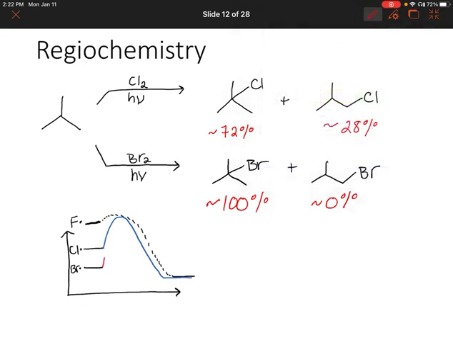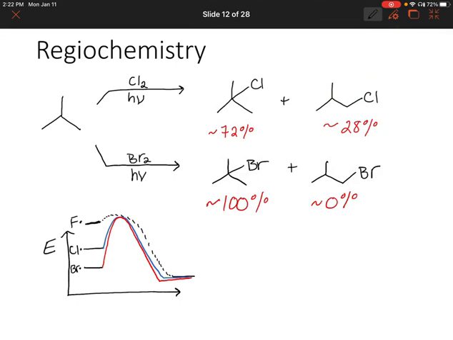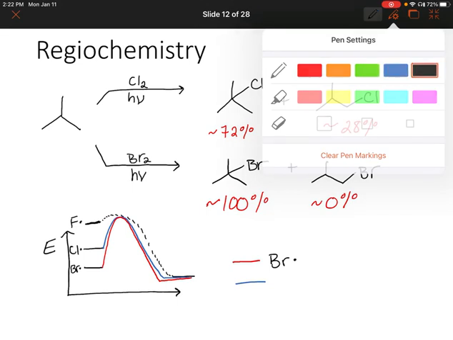Bromine's activation energy is quite high because of its stability. Oh, and let me just label my axes here. Okay, so the red line is referring to our bromine radical. The blue line is referring to the chlorine radical.